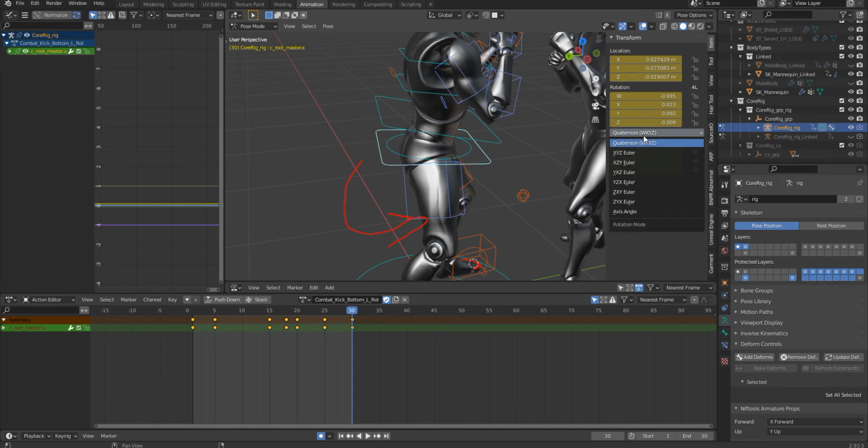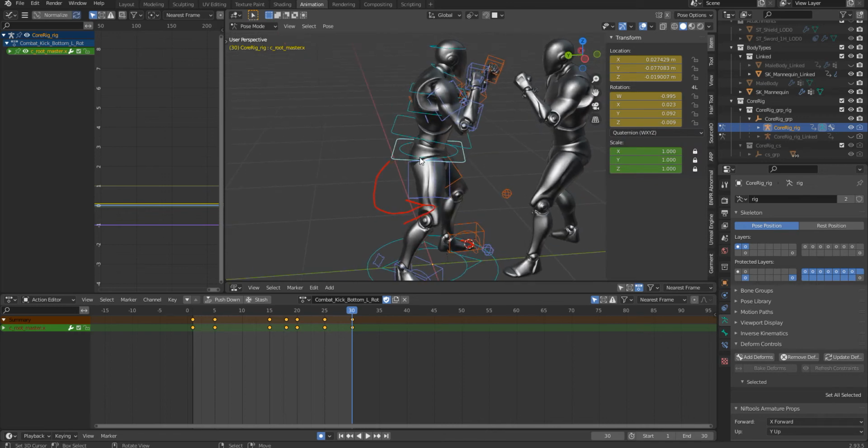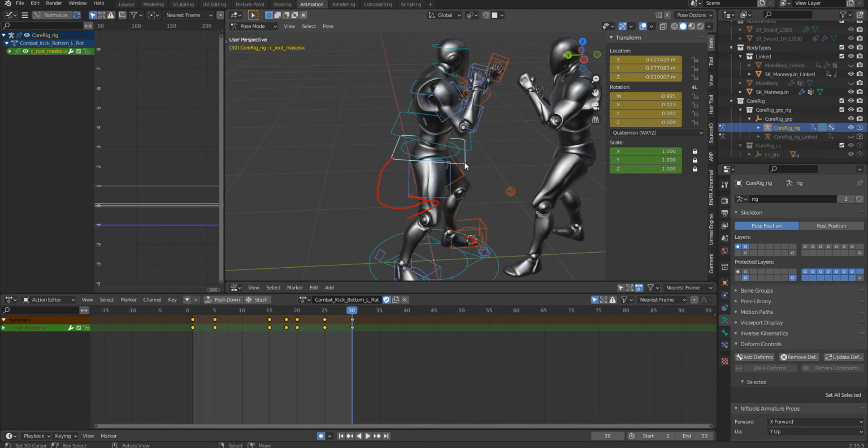Euler transforms are an axis-based solution. Quaternions are a complex solution because they represent a point with the rotation of the point in the axis.